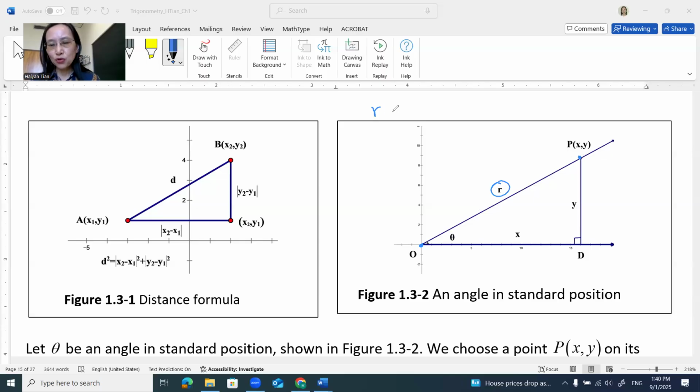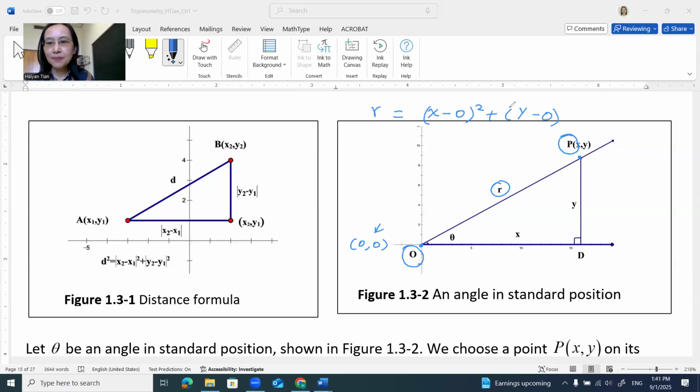Let's apply the 2-point formula: the x coordinate minus the other x coordinate, which is 0, squared, plus the difference of the y coordinates, squared. We're applying the 2-point formula to O and P to determine the length of the line segment OP, that is the hypotenuse.